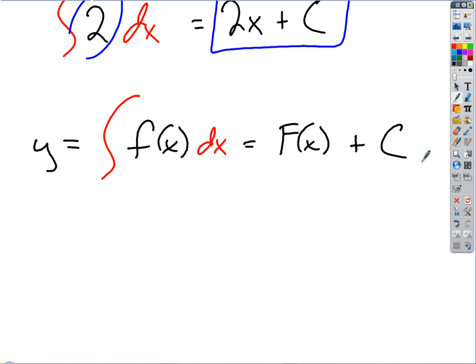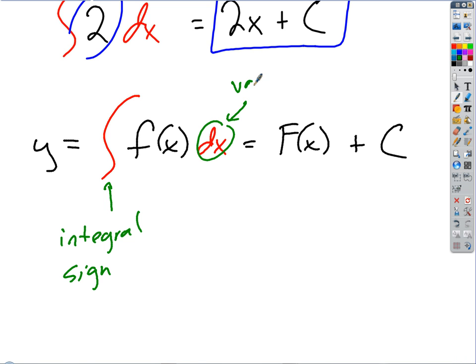So we'd say that this is the integral sign. This is the variable of integration, right? X. That sounds mysterious, just the independent variable. That's all it is.